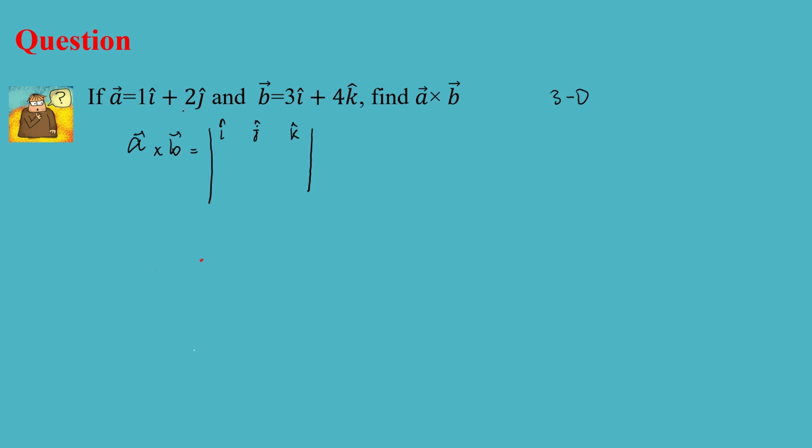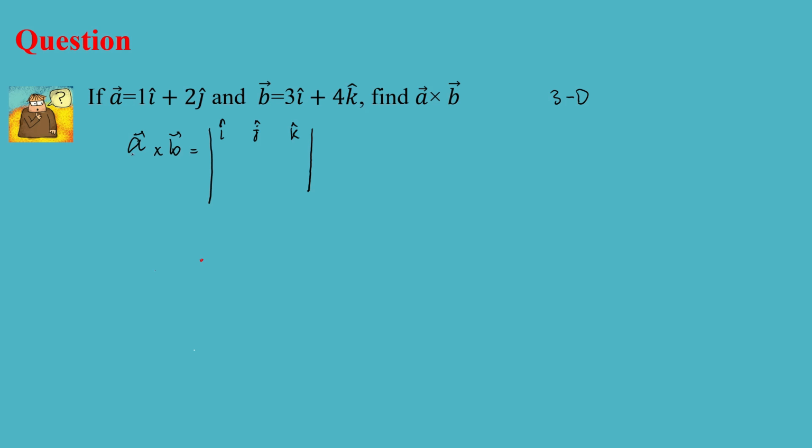I have I, J for vector A, which means vector A is in the X and Y axis, and for vector B, I'm dealing with I and K, which means that vector B is in the X and Z axis. So that's why I'm saying we are dealing with three dimensions or three coordinates.